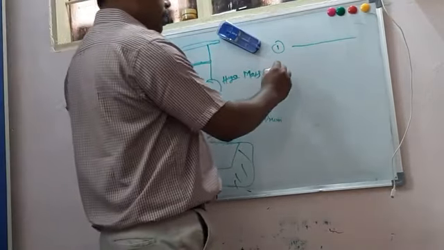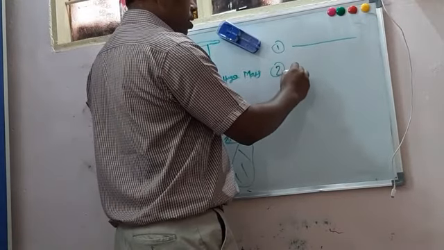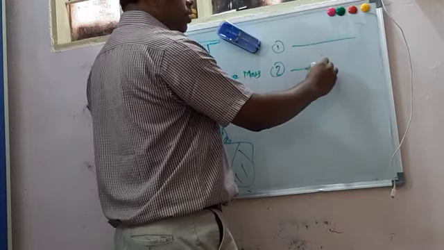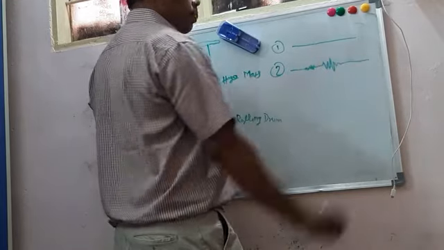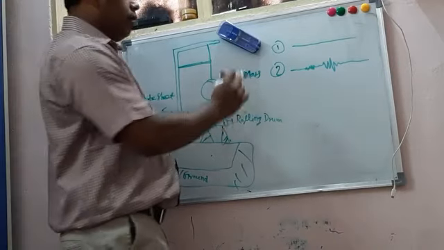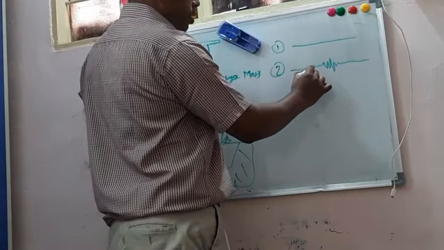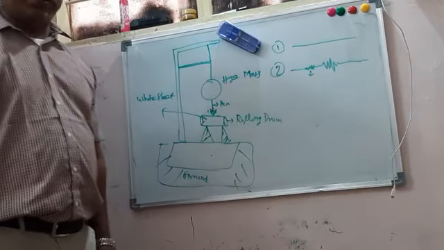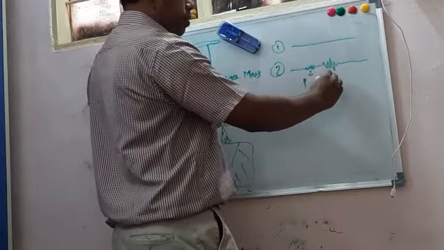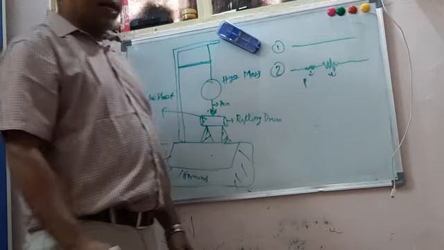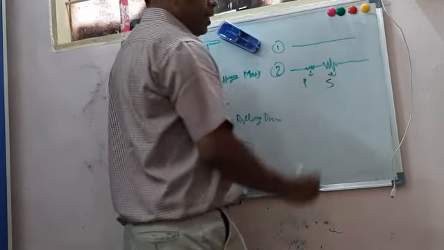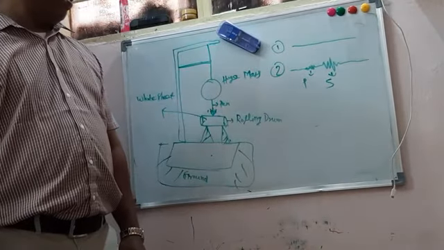So now the line nature changes, some zigzag patterns are recorded. So this one, whatever is first observed is the P wave or compressional wave, and the second signal is due to S or shear waves.